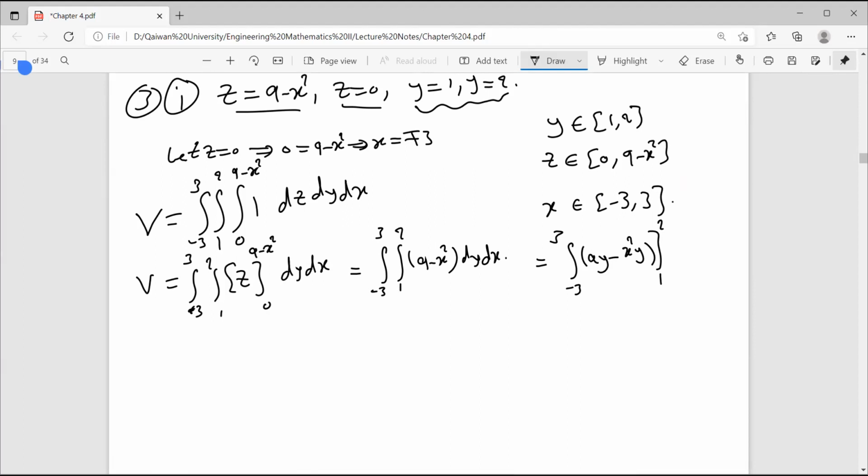We don't replace x by anything, because here we took the integration with respect to y. If we replace y by 2, we get 18 minus 2x squared. Then minus. If we replace y by 1, we get 9 minus x squared.